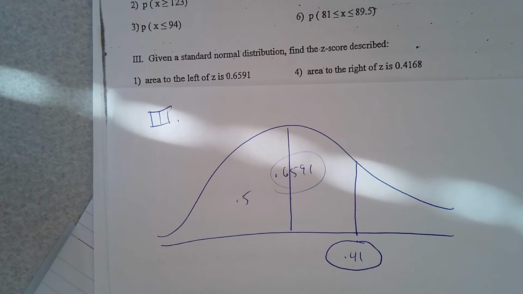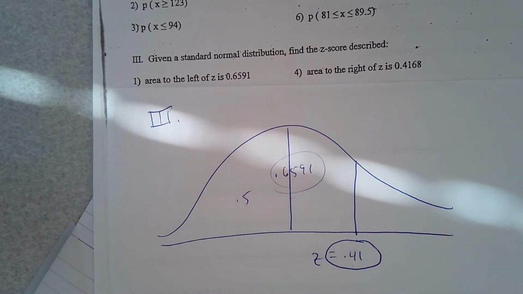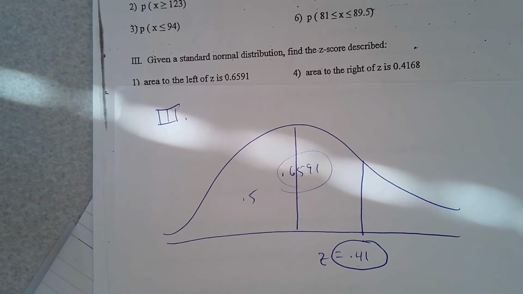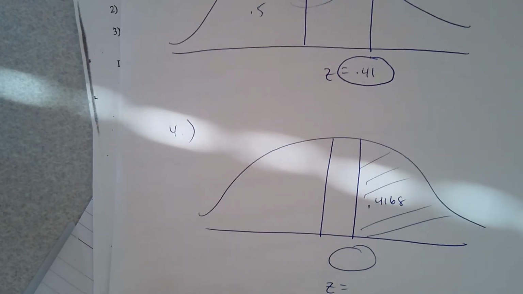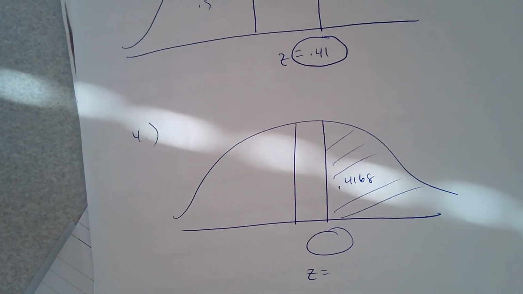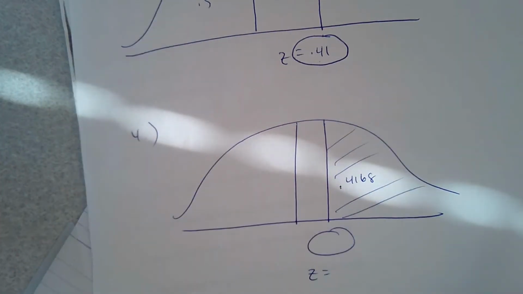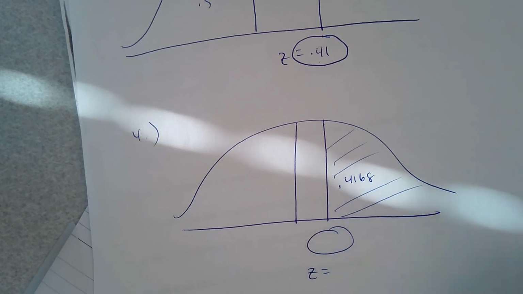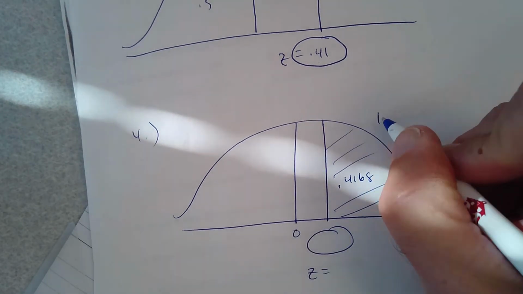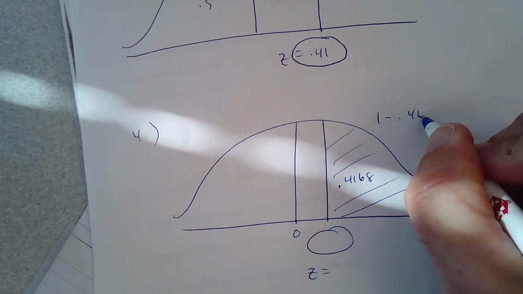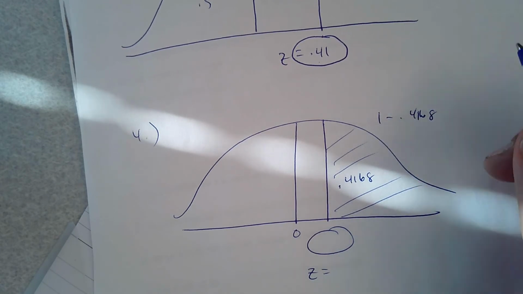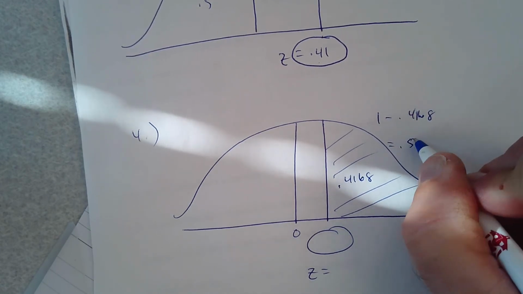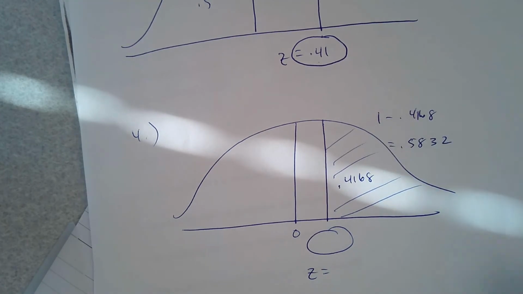Again, I'm still trying to figure out what the Z-score is. Remember, when you want to find a Z-score, what you want to find out is the area to the left. They told me the area to the right was 0.4168. So if I do 1 minus 0.4168, that's going to be 0.5832.